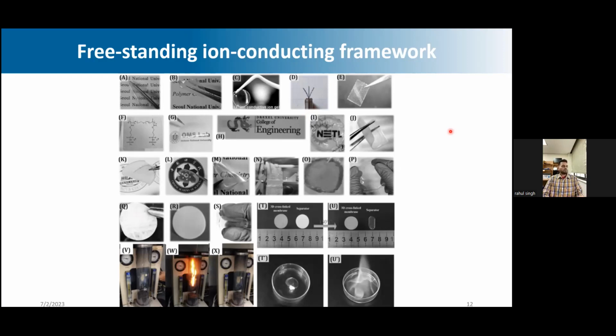Now, after preparation of such membranes, we send them for fabrication of devices to industries and other laboratories. As I mentioned, there are several types of electrochemical devices and cells, but I will talk about a couple of them so that viewers can see how they can use this system in their devices or infrastructures.